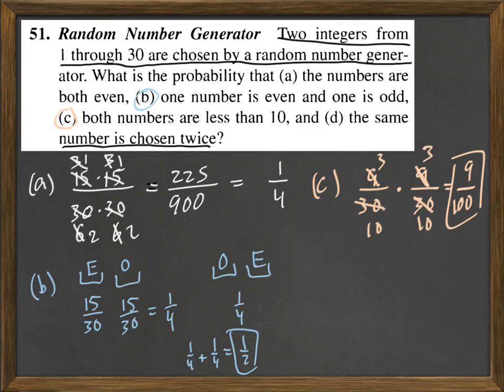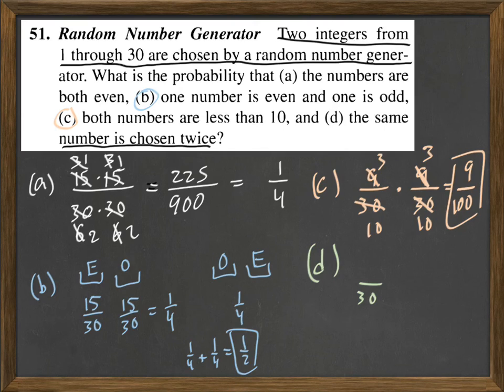Now let's take a look at the very last one, D. It says the same number is chosen twice. For the first one, a number hasn't been chosen yet, so that's not what the condition restricts.